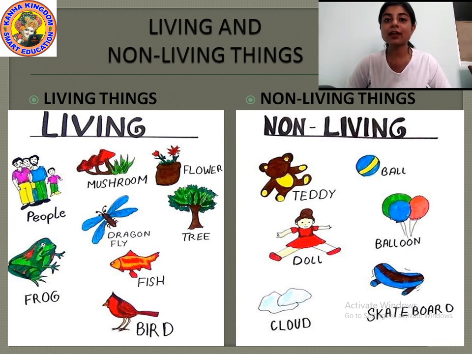For example, you can see there: teddy, ball, doll, balloon, cloud, skateboard. And the things which have life are called living things, like people, plants, frog, fish, dragonfly, bird. All these things are what? These are living things. Understood?